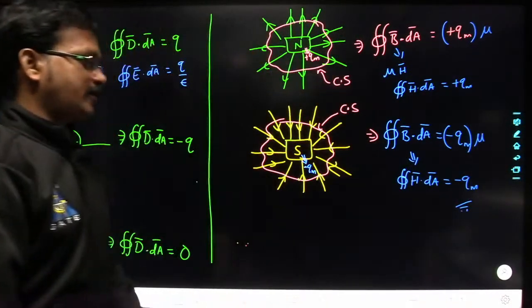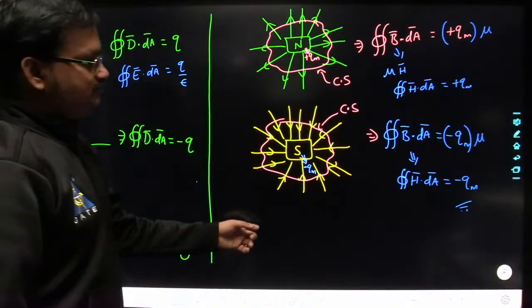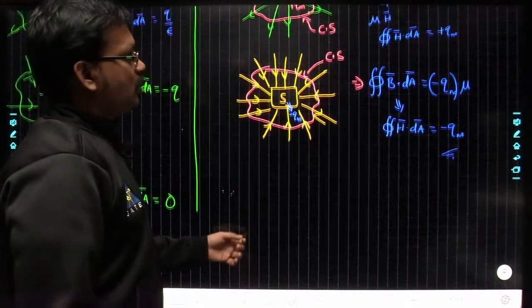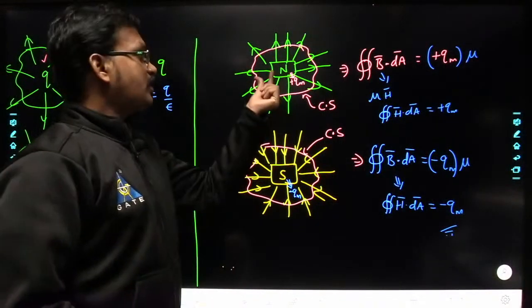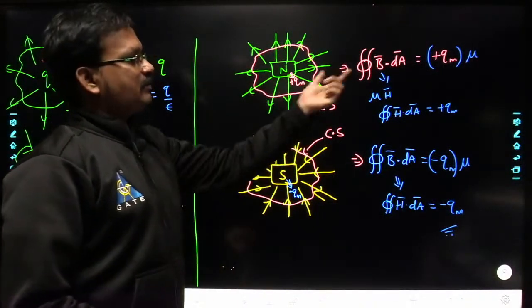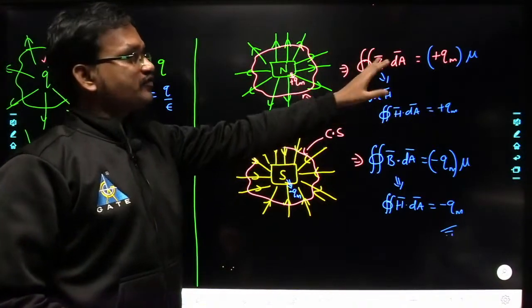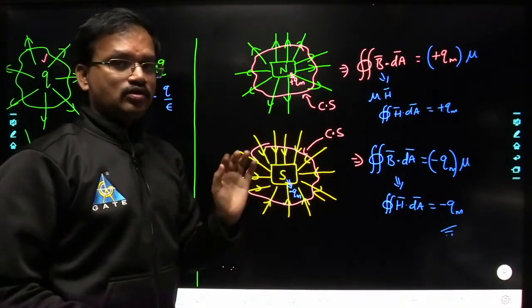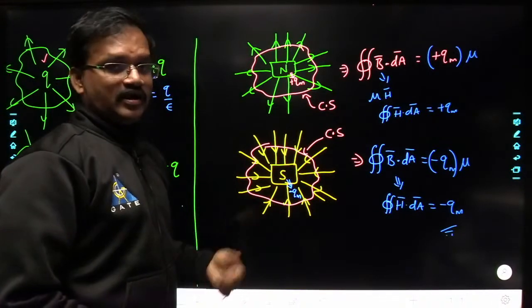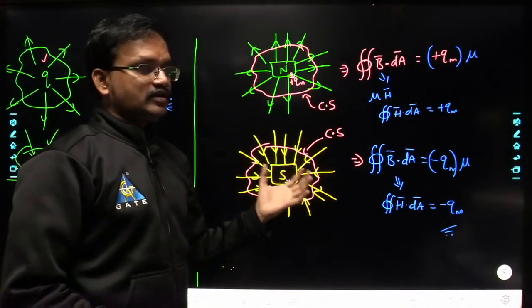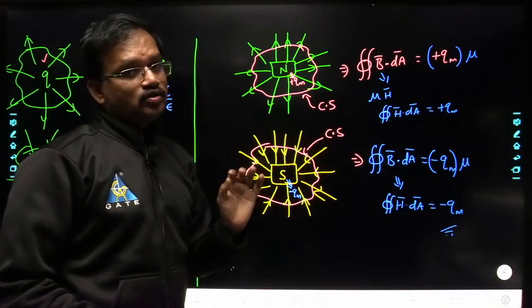Now suppose you are having only north pole separately, then the magnetic flux that is leaving the closed surface is not equal to 0. If you are having only south pole separately, then the net magnetic flux that is leaving the closed surface is also not equal to 0.